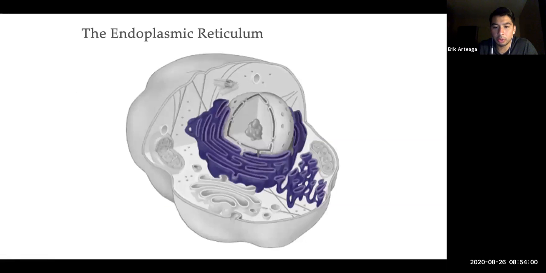Another thing to note is that the rough endoplasmic reticulum is closely associated with the nuclear envelope, okay? So why is that important? Well, it's important because the rough ER also has the ribosomes associated with it. So think about that. The mRNA is being made here inside the nucleus. The mRNA can then leave directly to a ribosome associated with the endoplasmic reticulum.